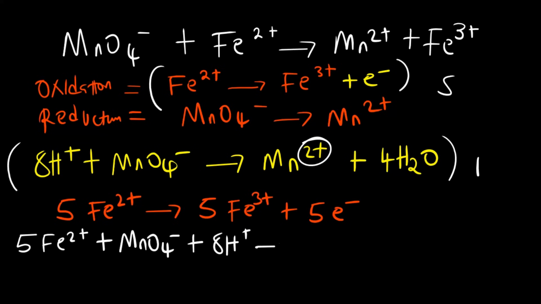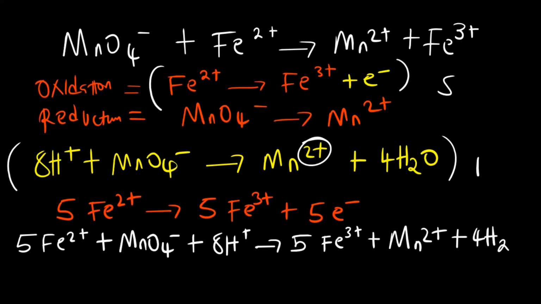I come to the other side, and I've got 5 Fe3 plus, I've got Mn2 plus, and 4 water molecules. Okay, balanced. The electrons had to cancel themselves.